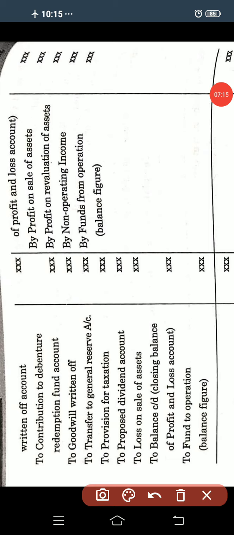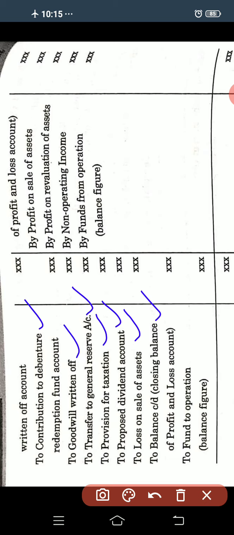Next, we have to record all the expenses, that is contribution to debenture redemption fund account, goodwill written off, transfer to general reserve, provision for taxation, proposed dividend account, loss on sale of assets. Then we have to record the closing balance, the balance brought down, that is the closing balance of profit and loss account.